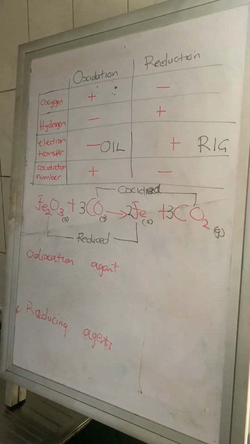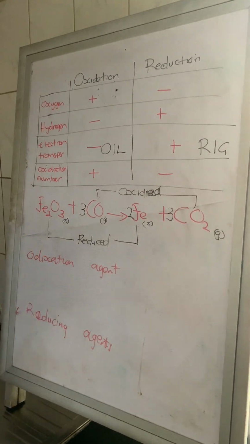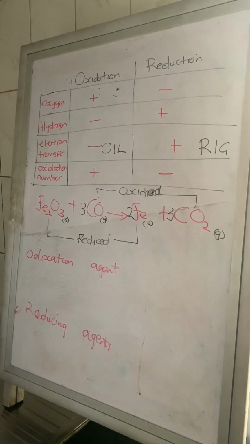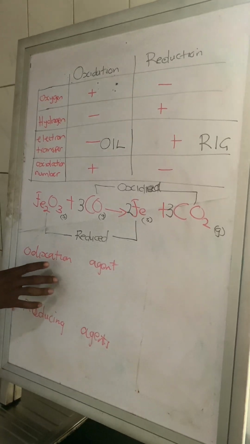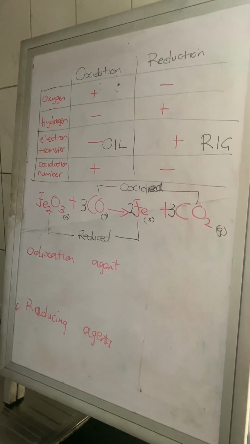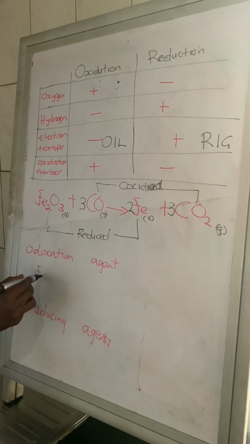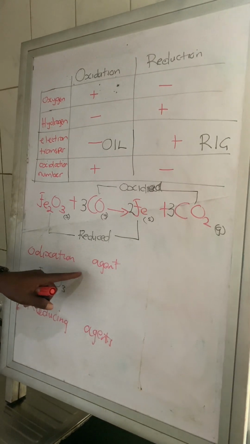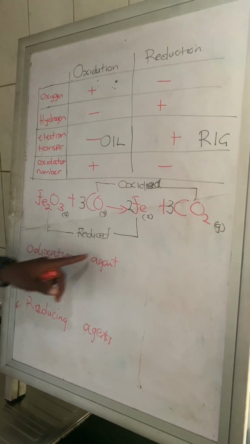So from the equation, we want to identify a substance that is an oxidizing agent. For you to understand easily, a substance that is reduced becomes the oxidizing agent. So in this equation, our iron(III) oxide is the oxidizing agent. Why? Because it has been reduced in the process.